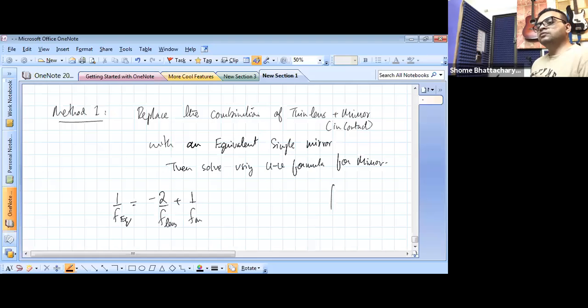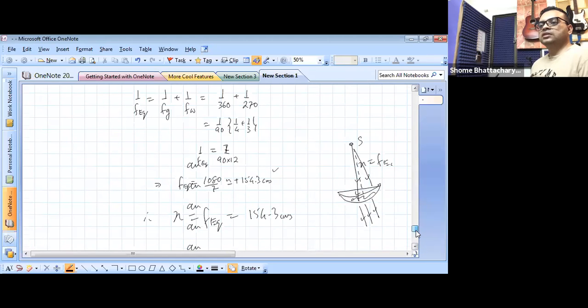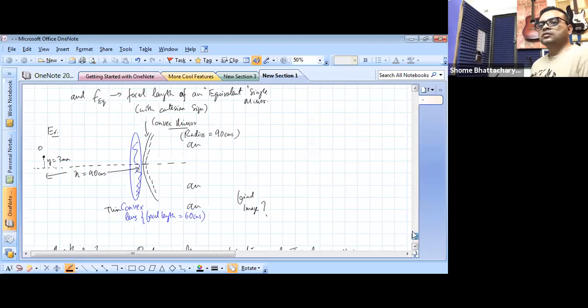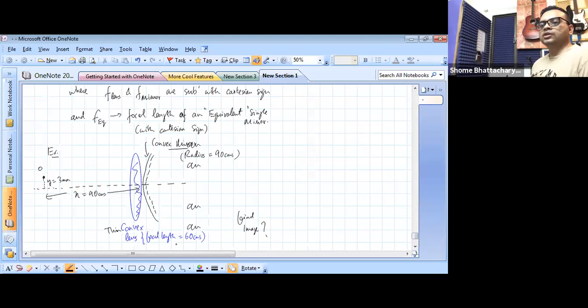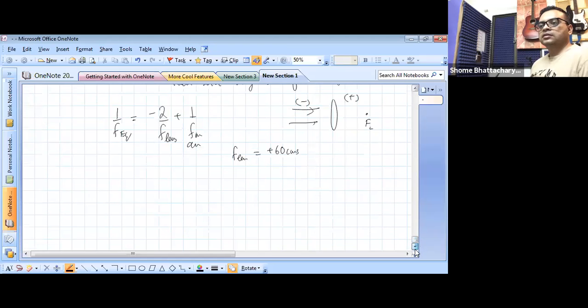Now the sign convention we'll use is that this side is negative, this side is positive. Light is coming from here. So the focal length of the lens will be plus 60 centimeters with proper sign convention. They told us that it's a converging lens, a convex lens of focal length 60 centimeters. And the mirror was a convex mirror.